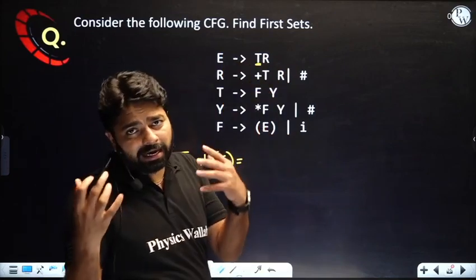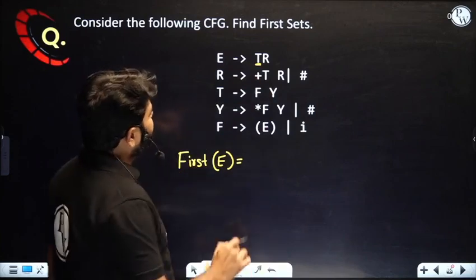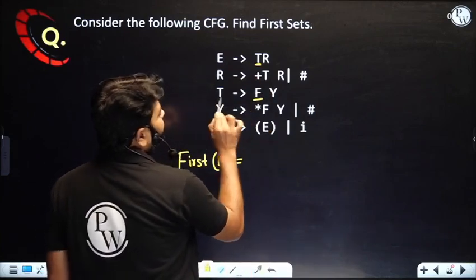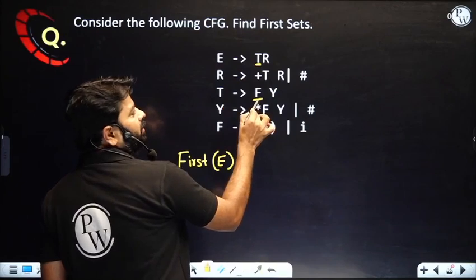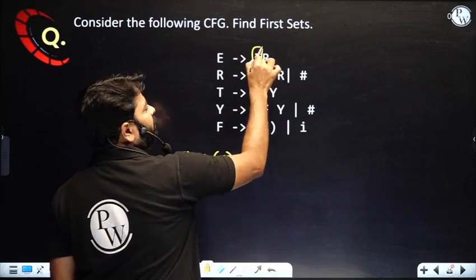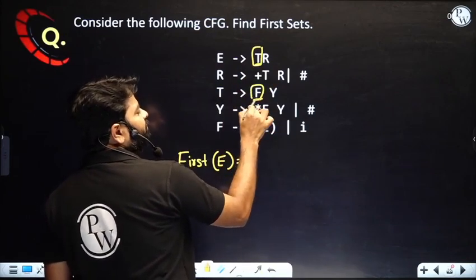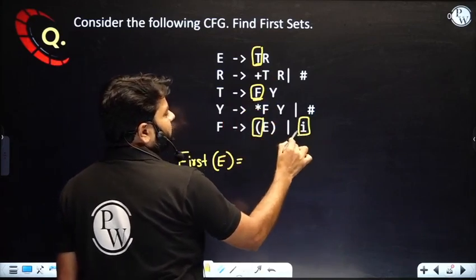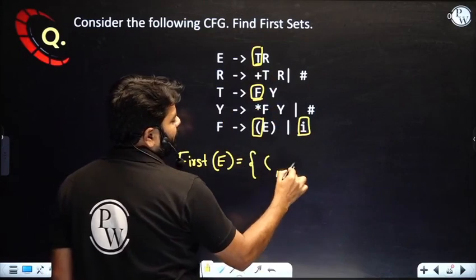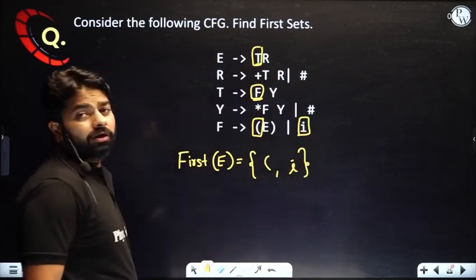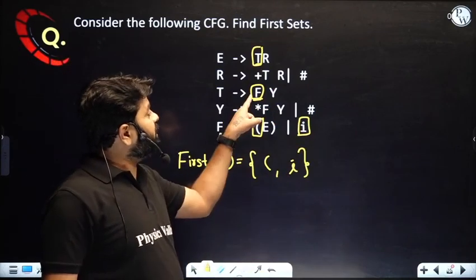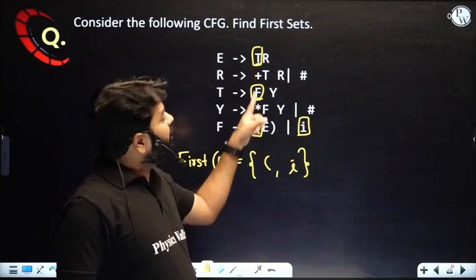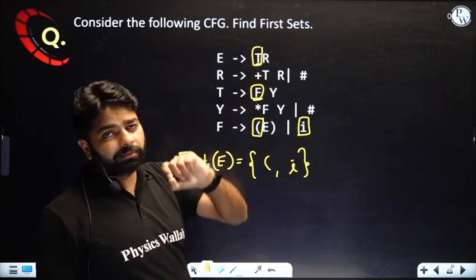If not, then T has the answer. T is depending on F, because T derives F. When I go for F, it gives open parenthesis and I. So, the answer you got very clearly is open parenthesis, I. You should be very careful: in case you see epsilon anywhere, you should go further to compute the terminals.